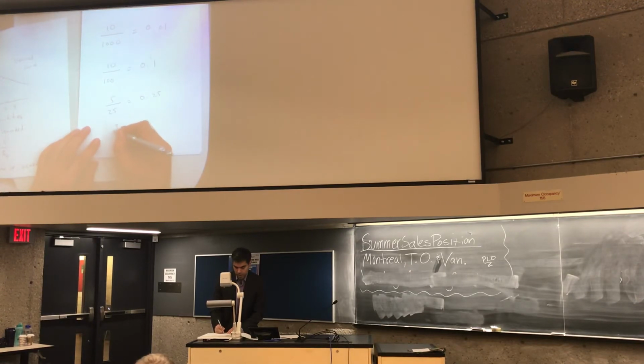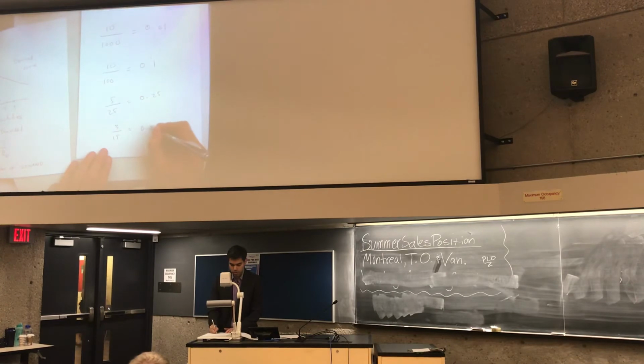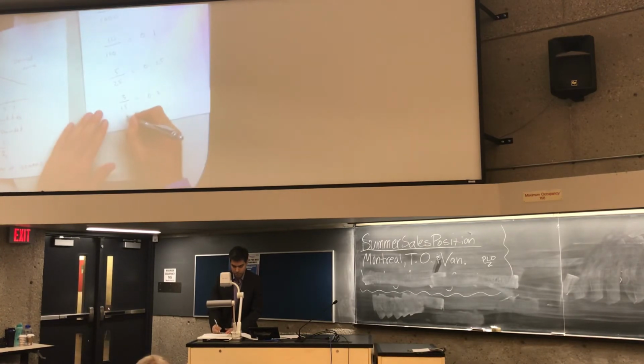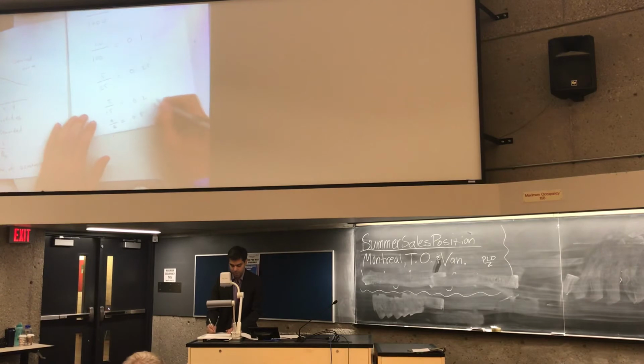Let's say 3 over 15, that's 1 over 5, 0.2. Say 4 over 8, that's 0.5.